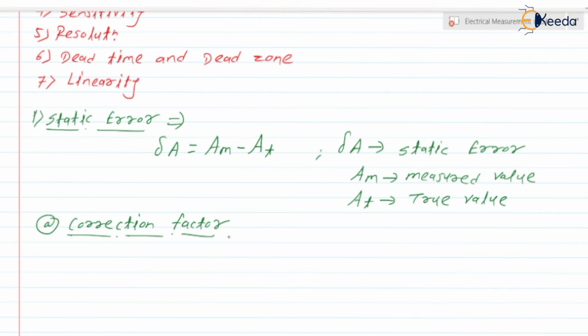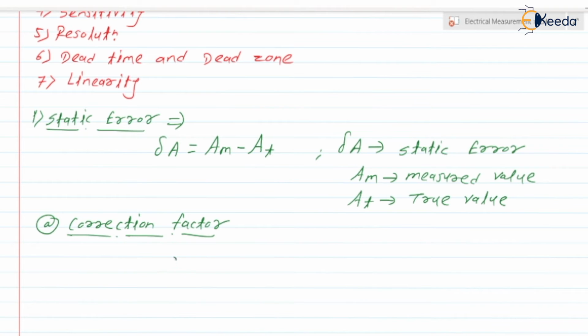Correction factor is nothing but the value which we are going to add to or subtract from the measured value in order to get the true value or the actual value.